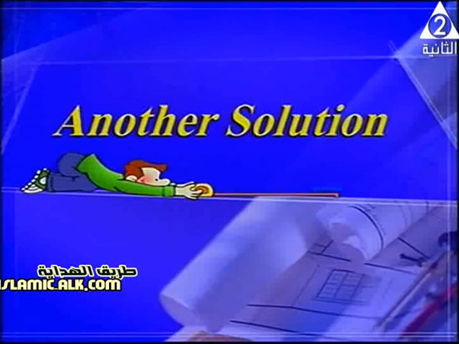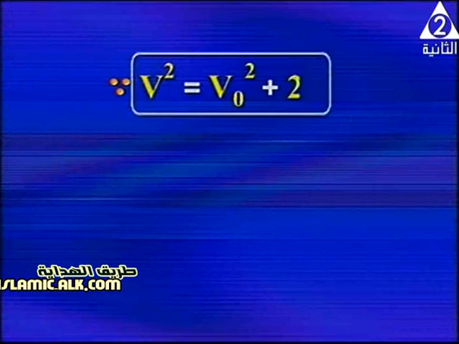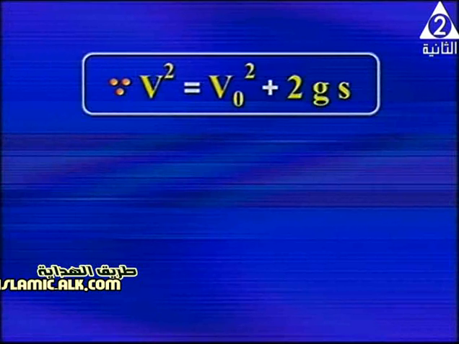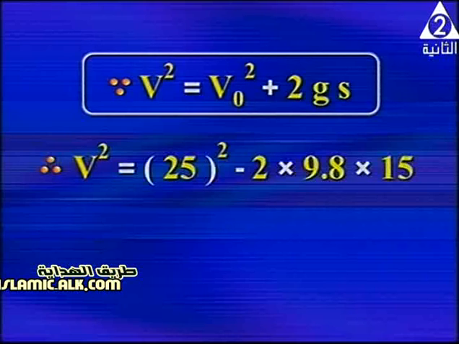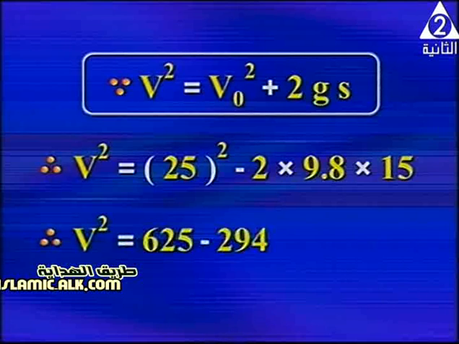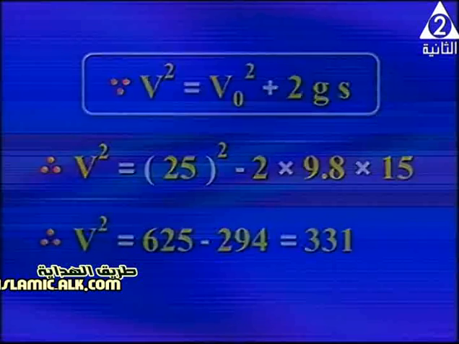Dear students, we can find the kinetic energy by another solution. V squared equals V naught squared plus 2 g s. By substitution, V naught equals 25, g is 9.8, and the distance s equals 15. V squared equals 625 minus 294, which equals 331.